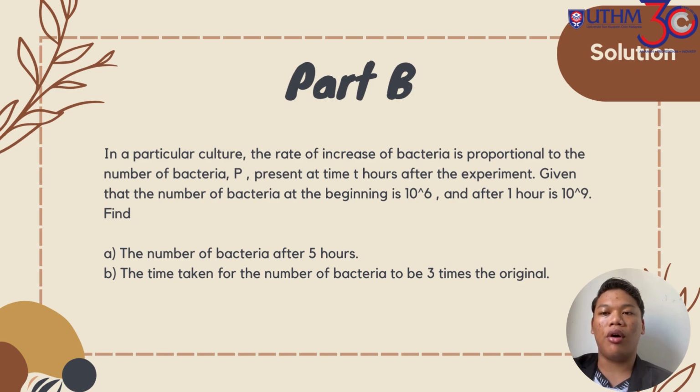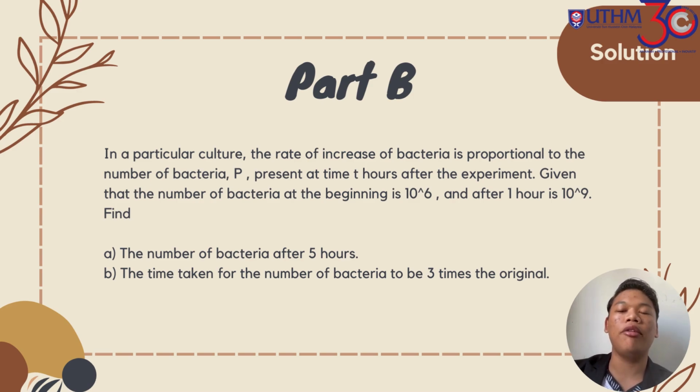Given that the number of bacteria at the beginning is 10 power of 6 and after 1 hour is 10 power of 9, find, question 1, the number of bacteria after 5 hours. So we want to know the principal after 5 hours. The second question is the time taken for the number of bacteria to be 3 times the original.